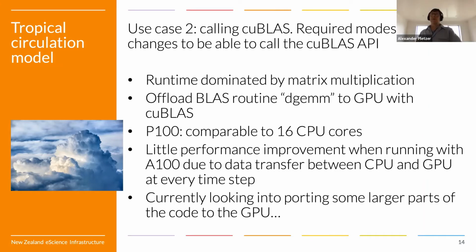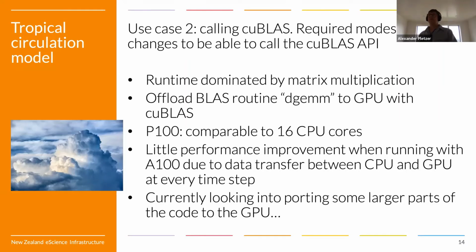First the code was using matmul, that's a Fortran intrinsic function, moved over to BLAS, then from BLAS to cuBLAS, which is the CUDA BLAS that runs on the GPU. When we did that on the P100, we had a performance that became comparable to 16 CPU cores, but we didn't see much improvement when we moved to the A100.